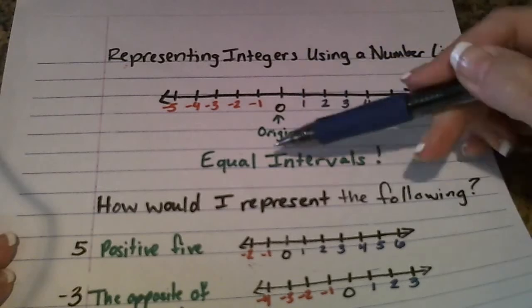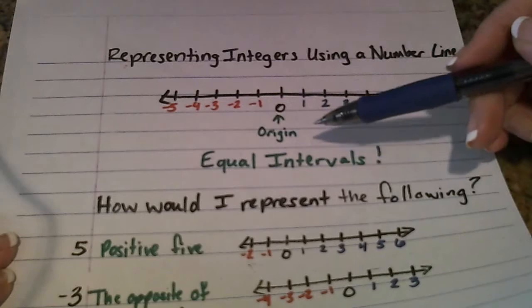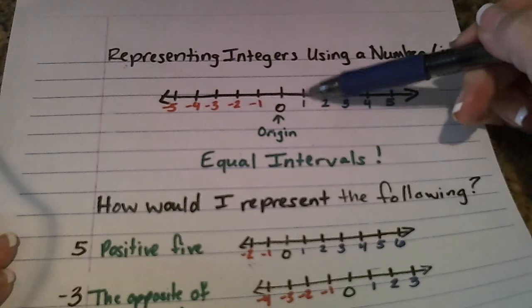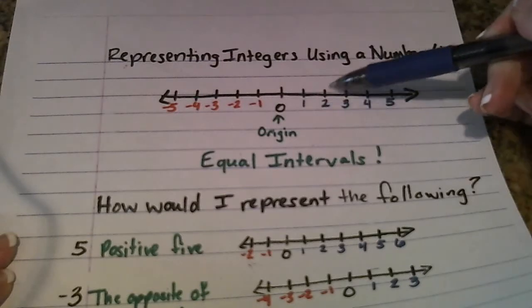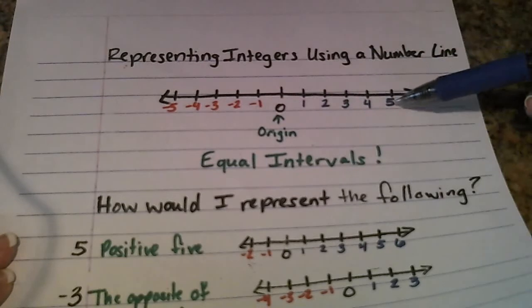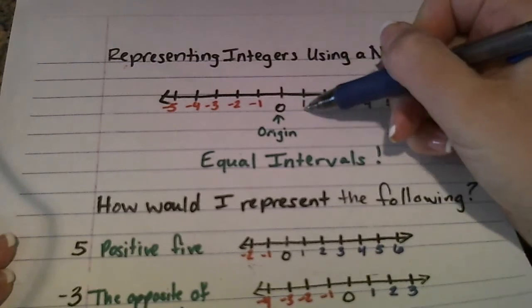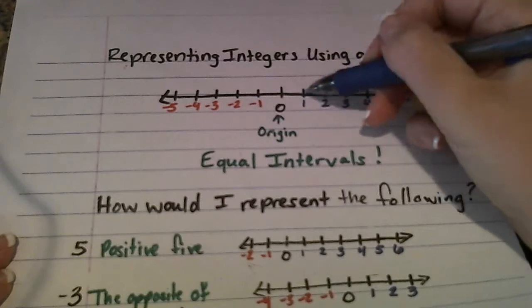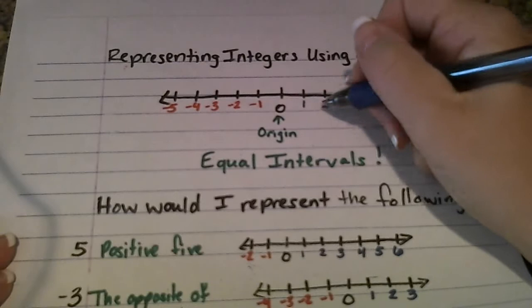Also, something to remember about a number line is to make sure that you are using equal intervals. So if you're going from 0 to 1 as the first hash mark, then the next hash mark has to be 2, and so on, 3, 4, and 5. An example of unequal intervals would be going from 0 to 1 as the first hash mark, and then calling this distance, which is equal to the first, an addition of 3.